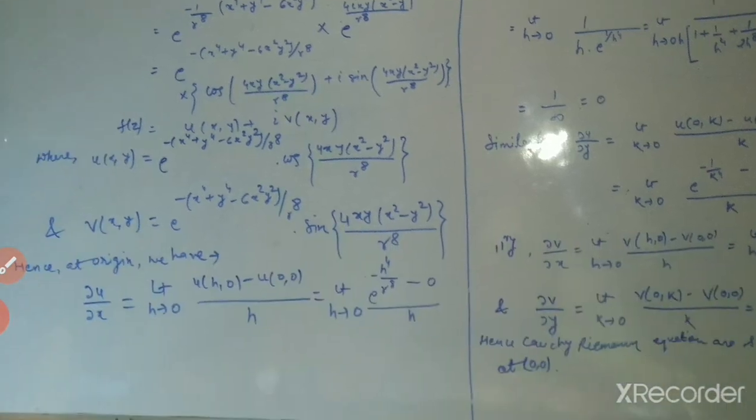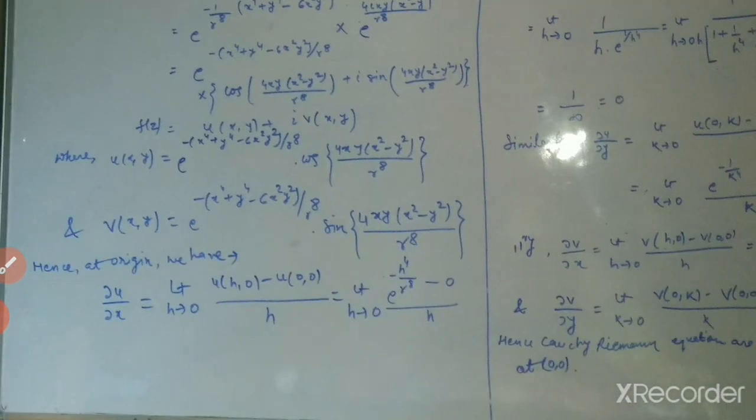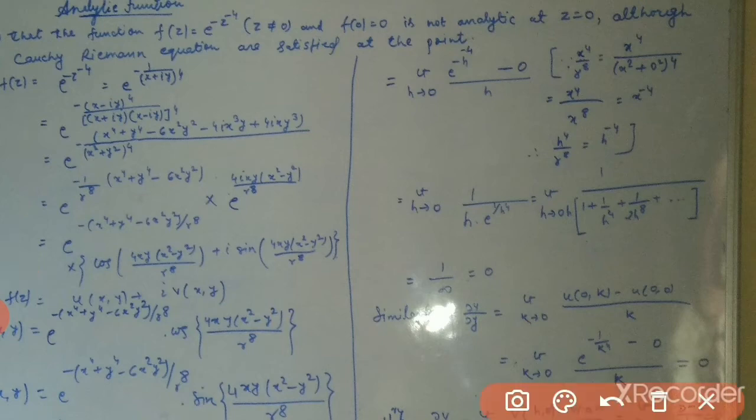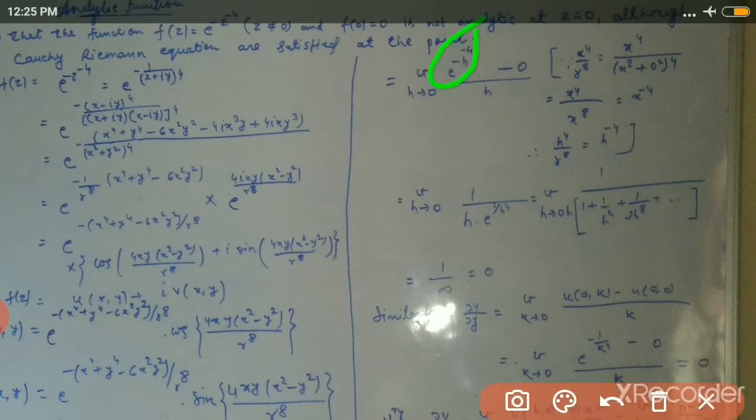Fine. So that's why we are writing here minus h⁴ divided by r⁸ equals e to the power minus h to the power minus 4, divided by h.